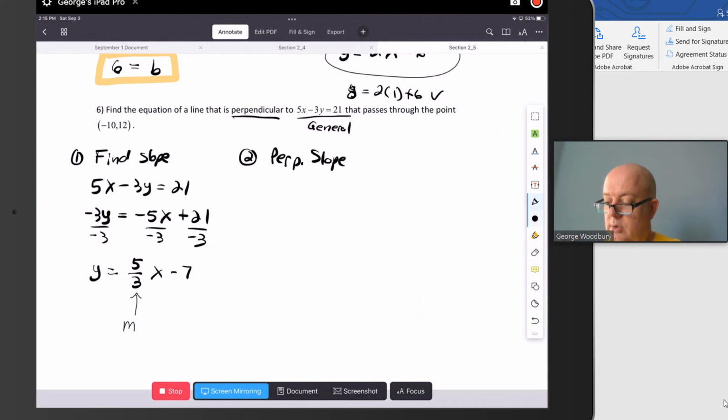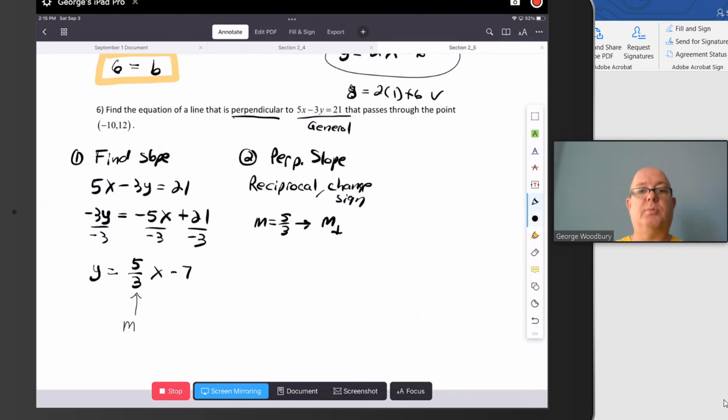So we had 5/3. The perpendicular slope, by the way, that's the subscript we use for perpendicular, an upside down capital T, is going to be 3/5, and it's going to be negative. Another way to think about perpendicular slopes, their product should equal negative 1. 5/3 times negative 3/5 is negative 1.